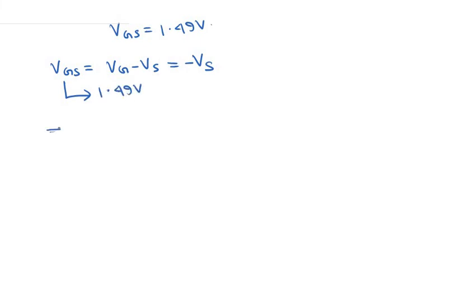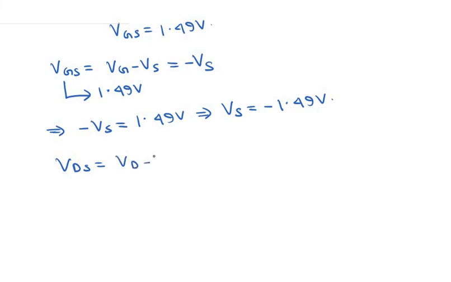So equating these two, minus VS must be equal to 1.49 volts, which implies that VS is equal to minus 1.49 volts. Now VDS is equal to VD minus VS, and VD we found earlier was 3 volts, and VS is minus 1.49 volts.